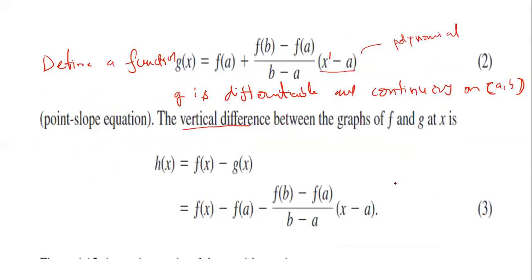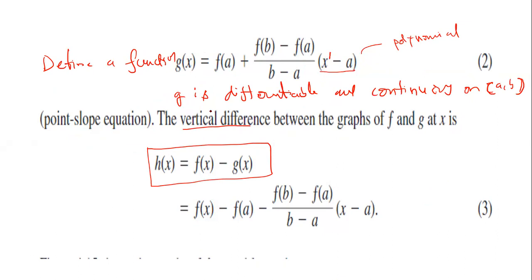Now check it. Here I am taking the vertical difference. Already I told you, vertical difference h of x equals f of x minus g of x. F of x means the given function, which we don't know here. Minus g of x, which we already defined: f of a plus f of b minus f of a by b minus a into x minus a.